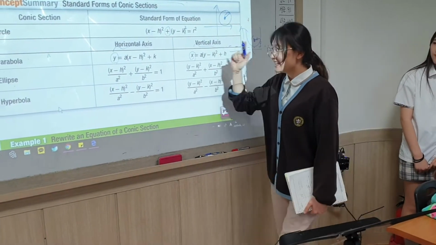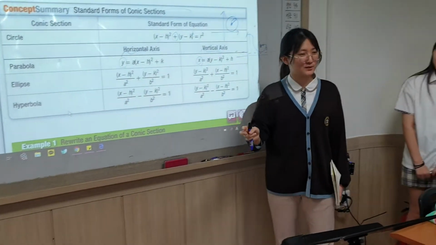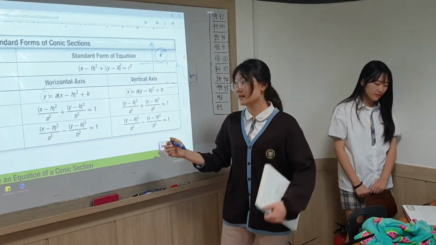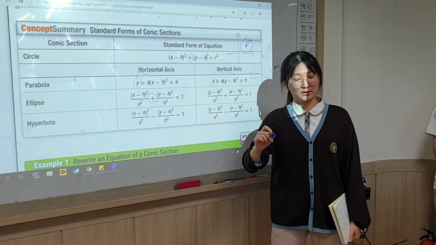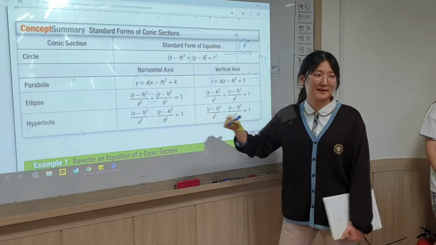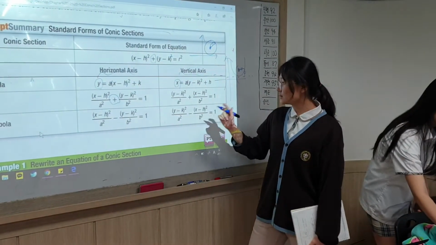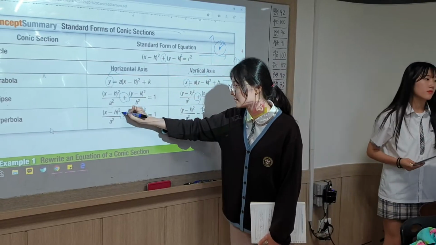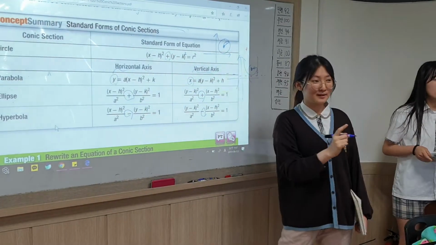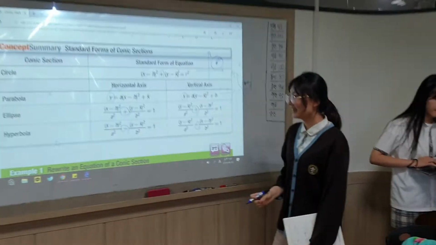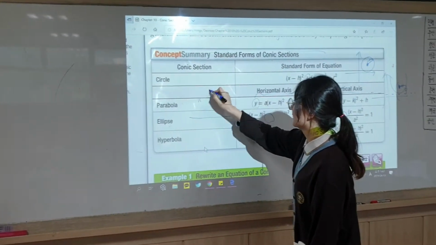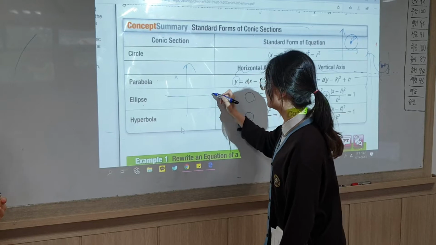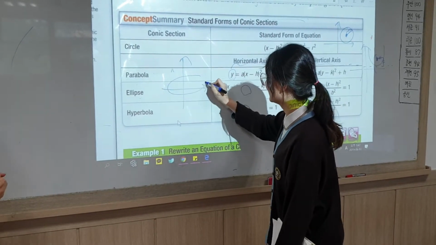And then next is ellipse and hyperbola. One thing that you should not get confused with is that for ellipse you're going to add these two terms together, because they have the same equation, but the only difference is adding and subtracting. So don't get confused with it. For ellipse, I'm not really good at drawing, so it's going to be like this.